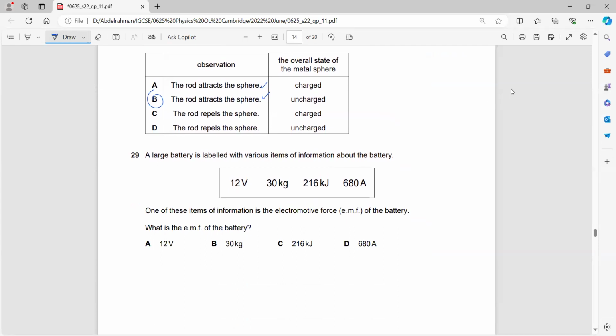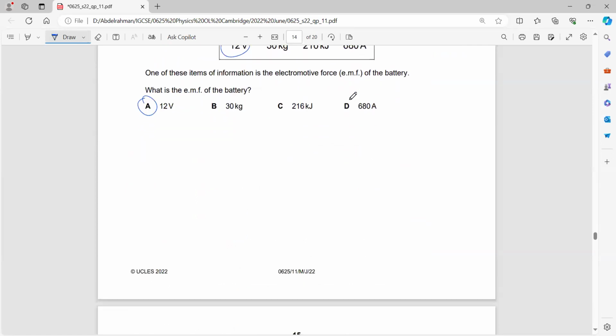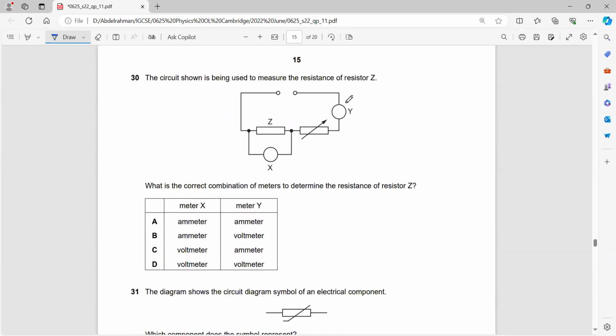Which of these items is the electromotive force of the battery? Of course, 12 volts. The voltage is the electromotive force. Next question. What is the correct combination of meters to determine the resistance of Z?